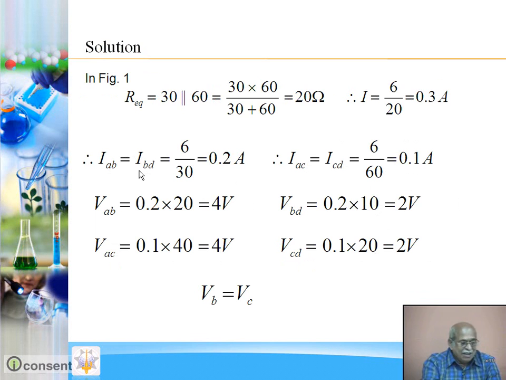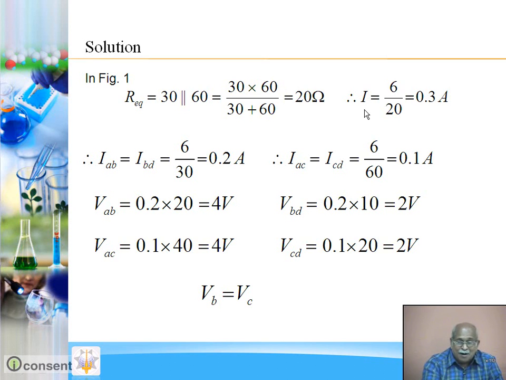Solution is given here. Equivalent resistance will be parallel combination of 30 and 60. मग असा फॉर्म्युला वापरला R1 R2 upon R1 plus R2, 30 into 60 divided by 30 plus 60, we get 20 ohm. Equivalent resistance of complete circuit is 20.